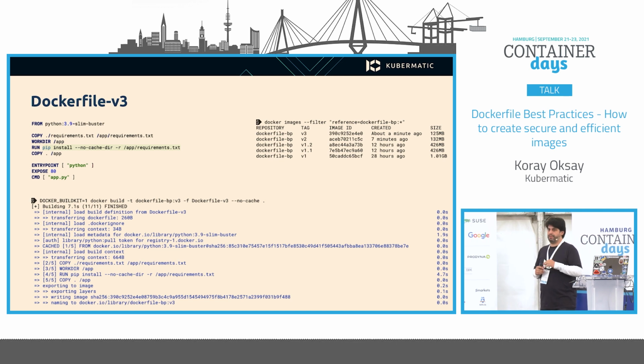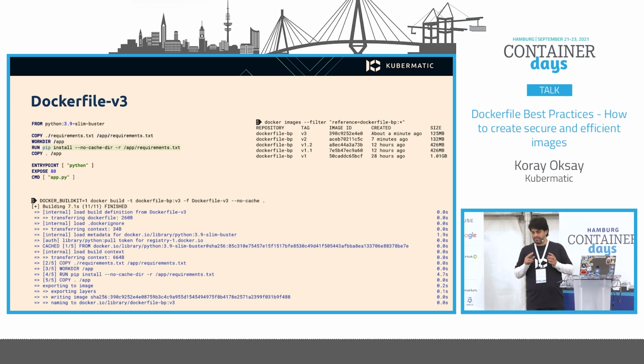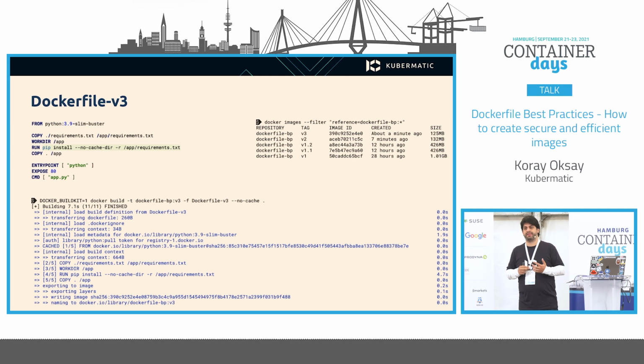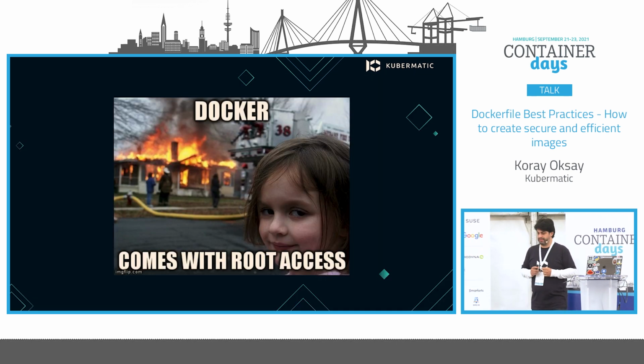So far, we talked about the size and build duration, but there is also another thing regarding security. I think about security inside a Dockerfile, there is only one thing that you can do, and it is actually a very important thing.